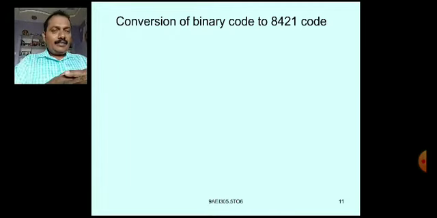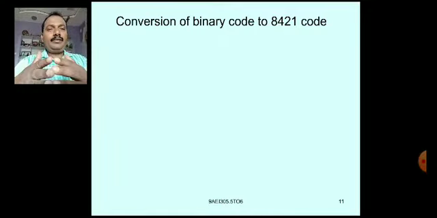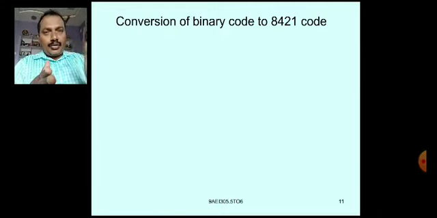I already assigned you to write decimal numbers from 0 to 100 and all the equivalent numbers of other systems: binary, octal, hexadecimal. So whenever you have a binary number, how do you convert it to 8421 code? Let us see how to do that.